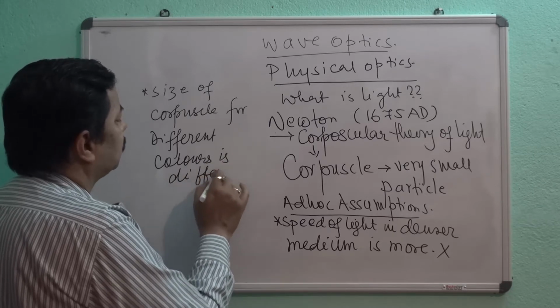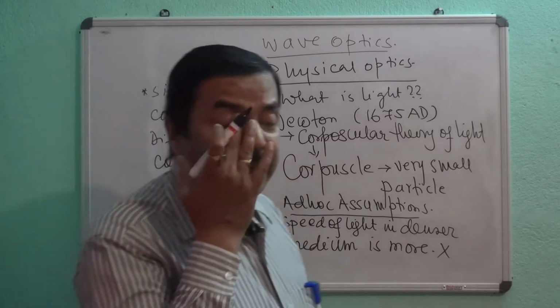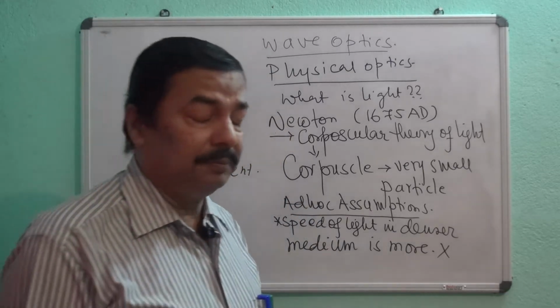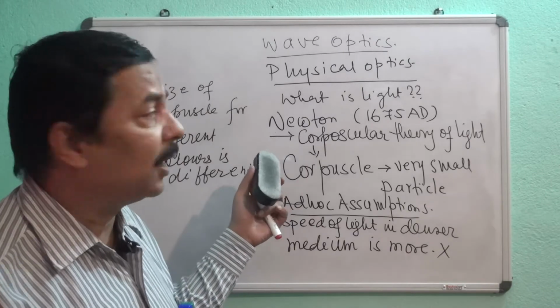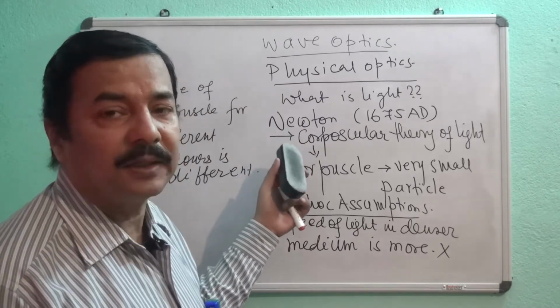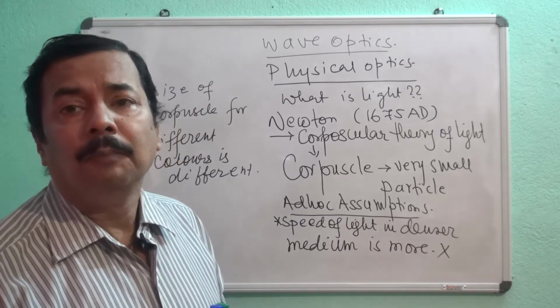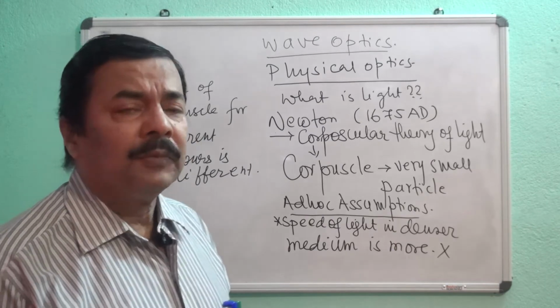This was the next assumption he made, and he also assumed that any body emitting light basically emits corpuscles. A light emitting body, the source of light, emits corpuscles, that is tiny particles, and when these corpuscles fall on our retina, they give the sensation of vision.